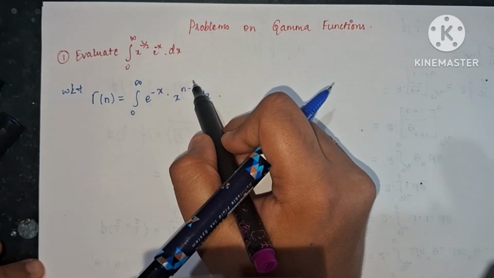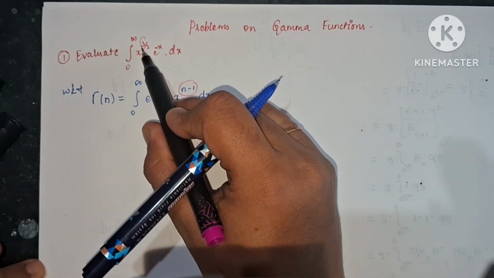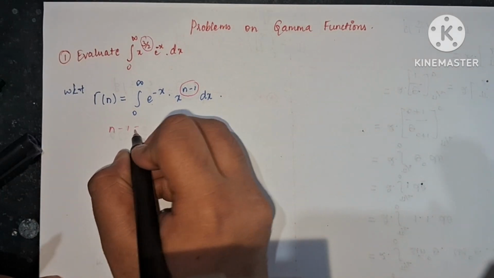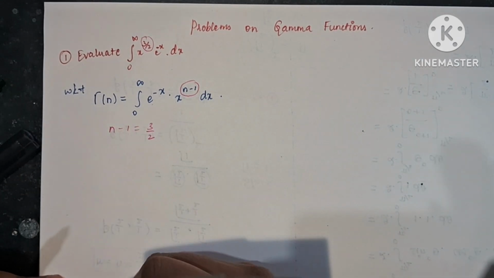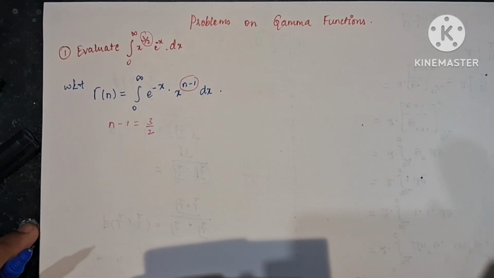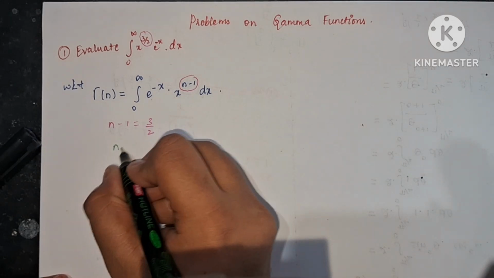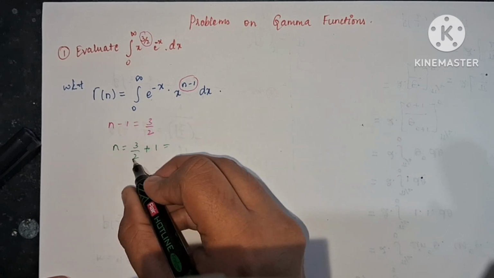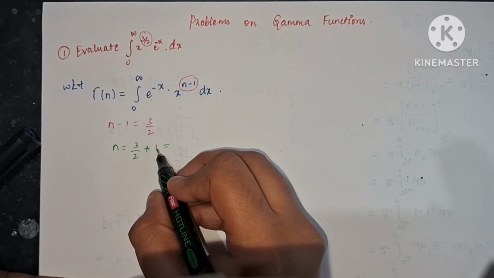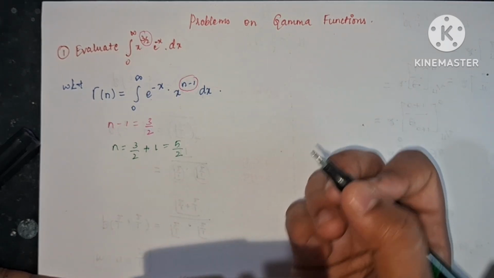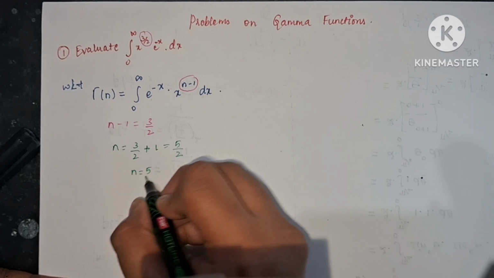Therefore, I have to match this n minus 1 and this 3/2. So I will consider n minus 1 is equal to 3/2. Then n is equal to 3/2 plus 1, since minus 1 going to that side becomes plus. Taking the LCM, 2 ones are 2, 3 plus 2 is 5, so 5 divided by 2 is our n value. So n is given by 5/2.